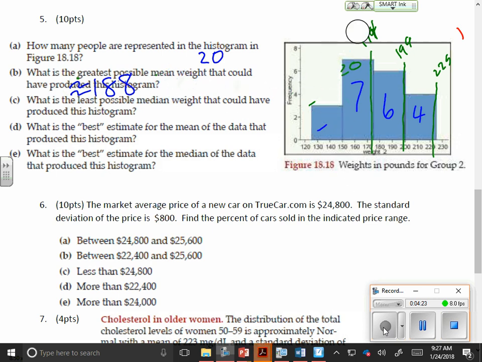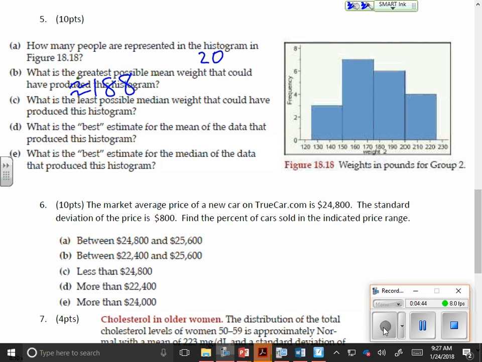And we want the smallest possible average between those two values, because that's how we're going to find the median. We're going to have to average the two in the middle. So I want those two to be as low as possible to give me the lowest average between those two.